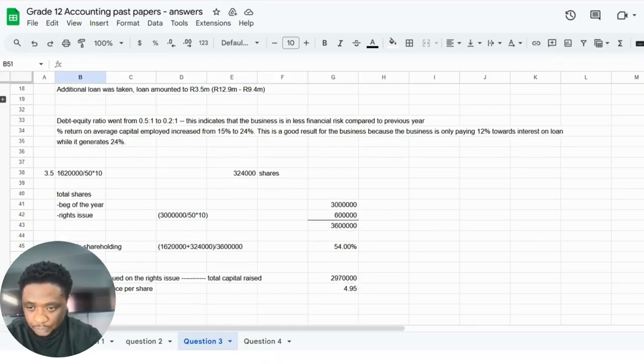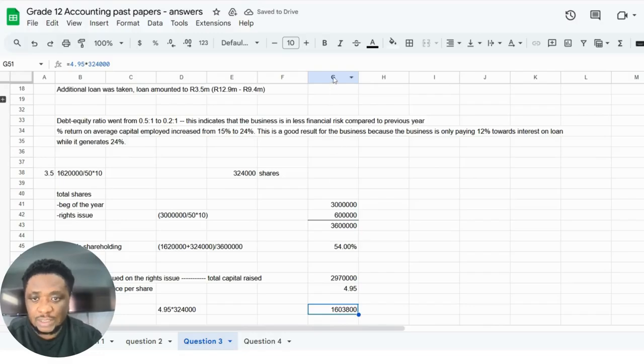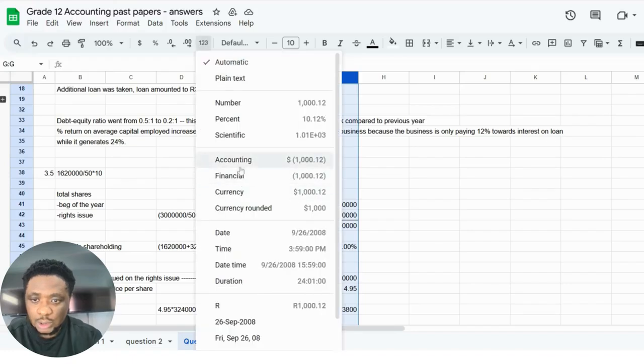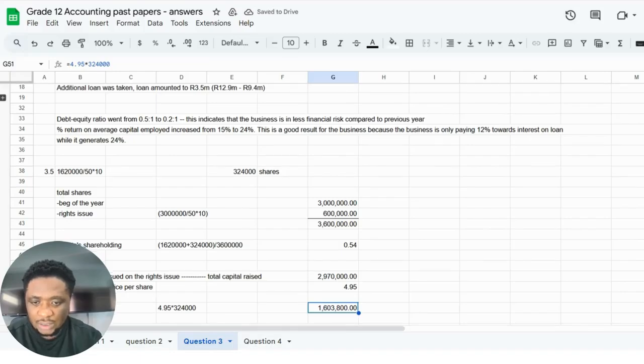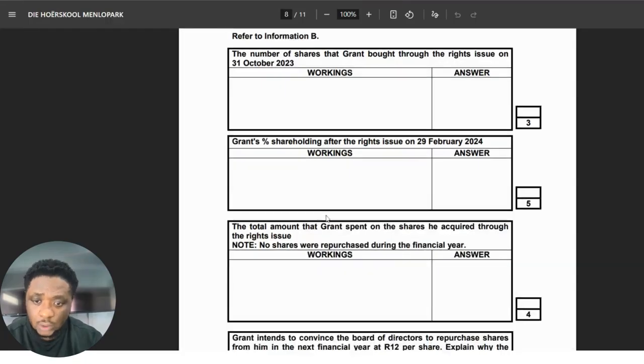And therefore, because we're calculating Grant's expenditure on the shares, his expenditure would have been 4.95 multiplied by the number of shares that he bought, which was 324,000. So he basically spent an additional 1,603,800. All right, cool.